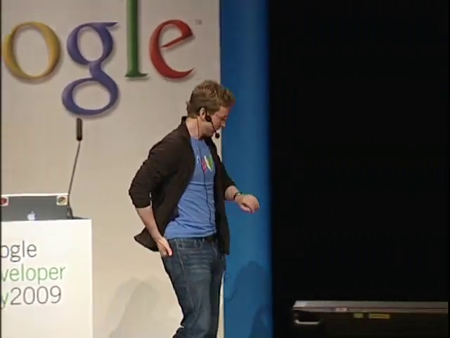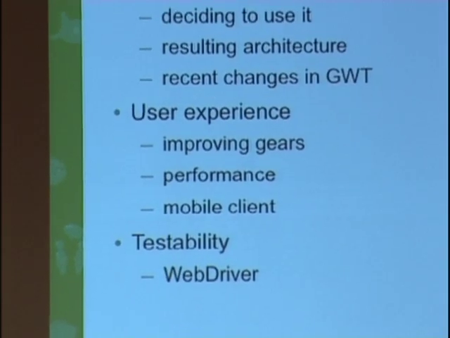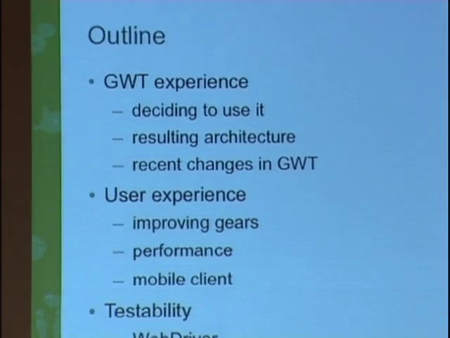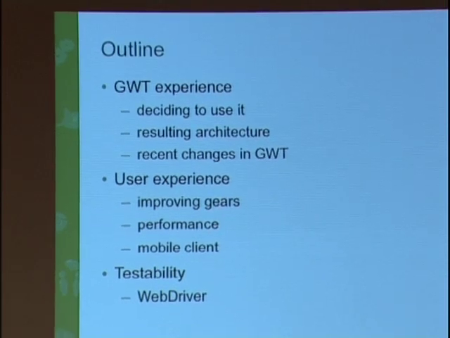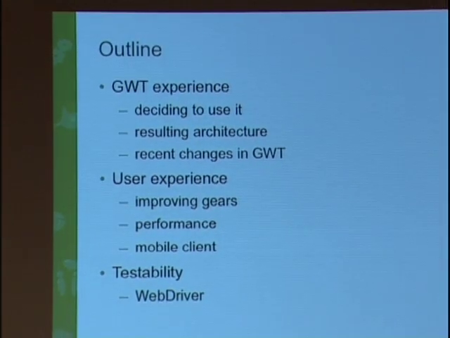So I'll start off by talking about the decision to use the Google Web Toolkit, some of our initial apprehensions, and then once we decided to use GWT, the resulting architecture that GWT allowed us to have. Most of this talk will be about recent changes in the last 12 months in the Google Web Toolkit that have really allowed us to put the icing on the cake and turn the Wave client into a real full-fledged web application.